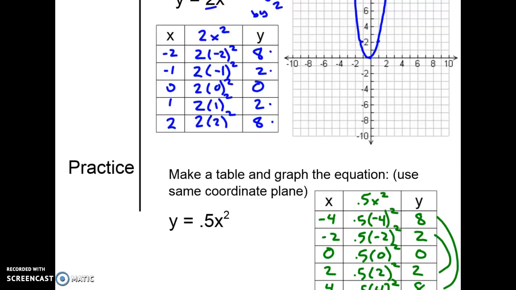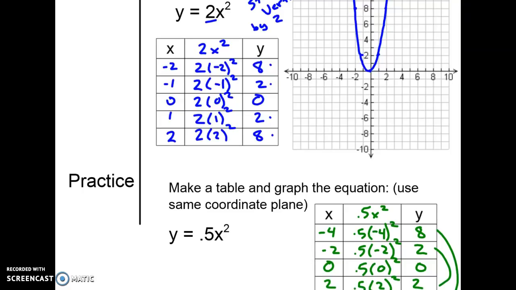And so I'm going to plot those on our grid up here. We have -4, 8. And we have -2, 2, 0, 0. Then we have 2, 2. And then we have 4, 8.